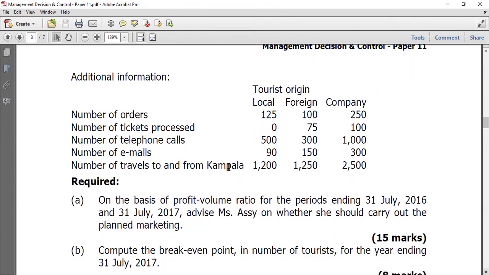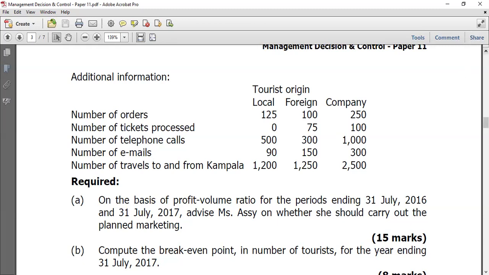So they come here and say that on the basis of profit volume ratios for the periods ending 31st July 2016 and 31st July 2017, advise Miss Asi on whether she should carry out the planned marketing.